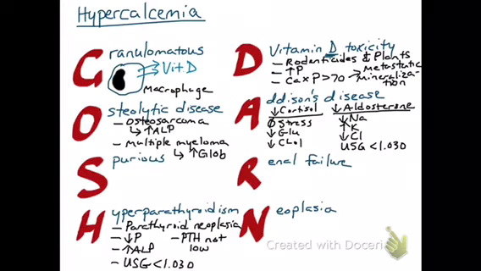With renal failure, the mechanism of the hypercalcemia depends on the species. So in horses, calcium absorption from the diet does not depend on vitamin D. Horses readily absorb calcium from the diet, so there's lots and lots of calcium in the blood.